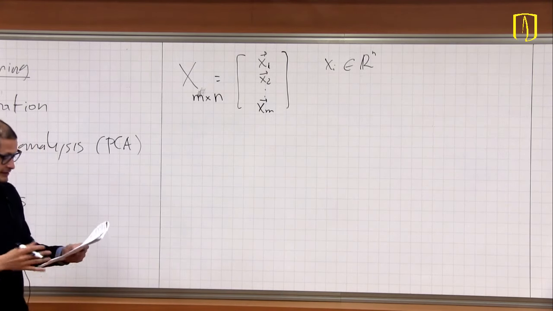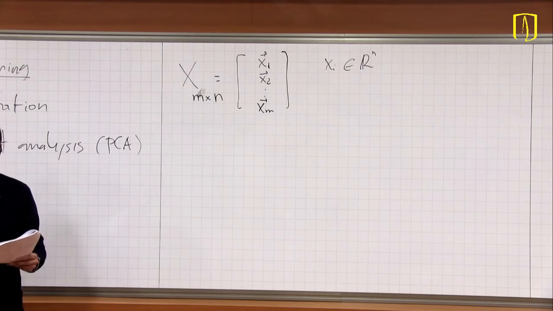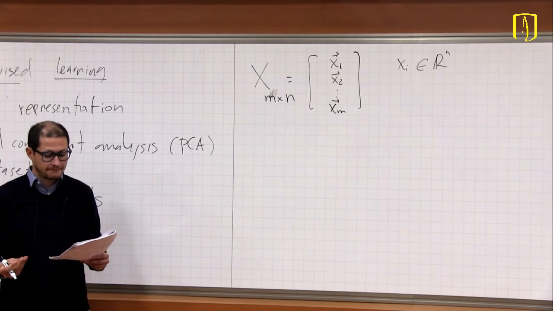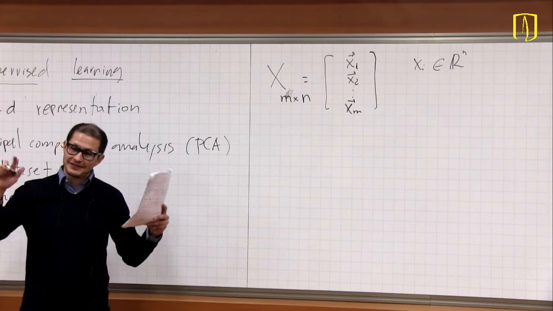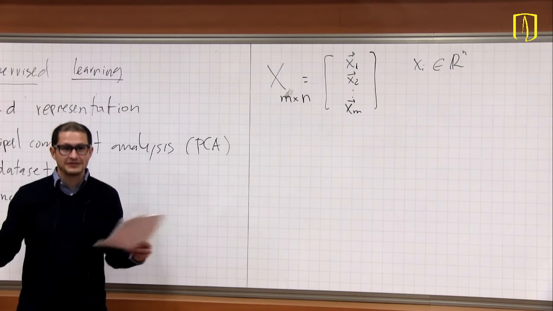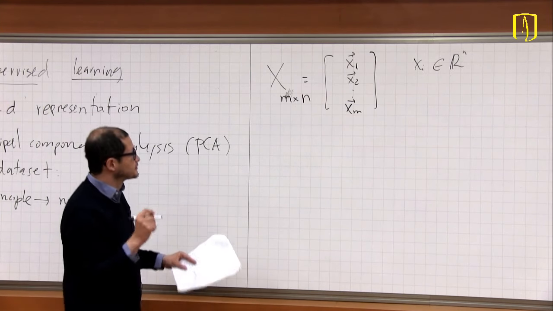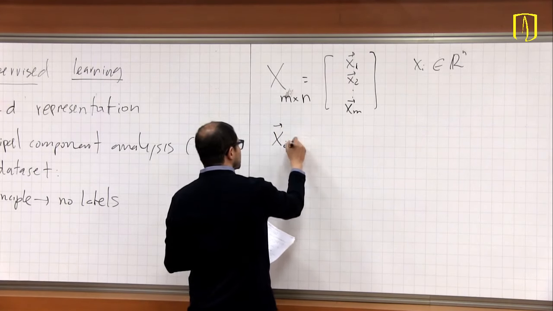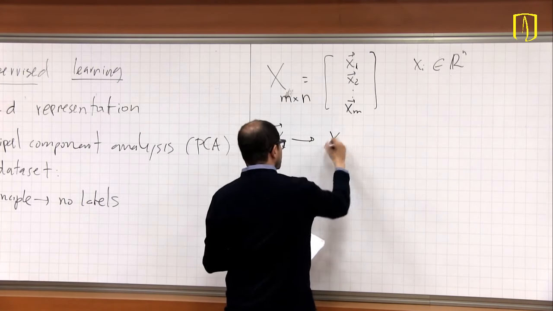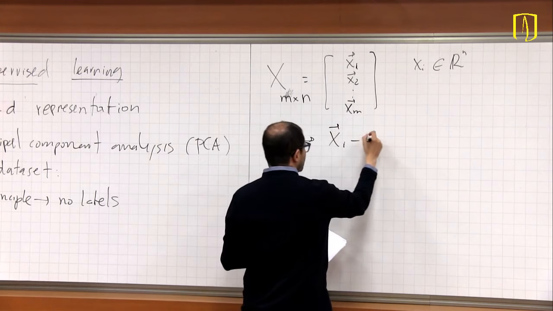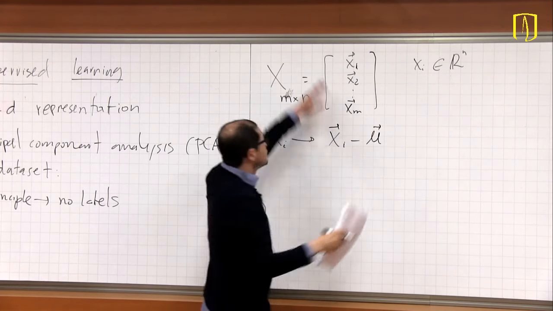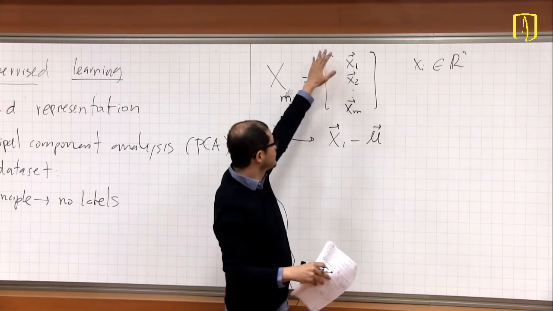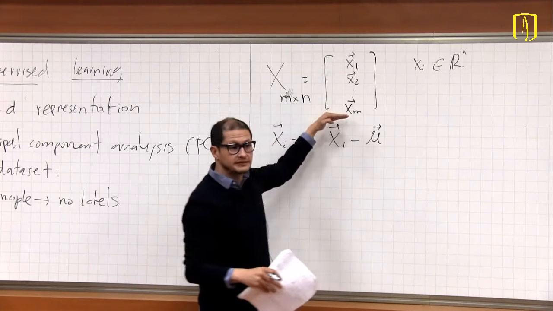Okay, so that's my data set, and how are we going to find this PCA representation, or extract this important information, this structure in the data? First we're going to shift these vectors xi to xi minus the mean vector over the entire data set, the average of these vectors.